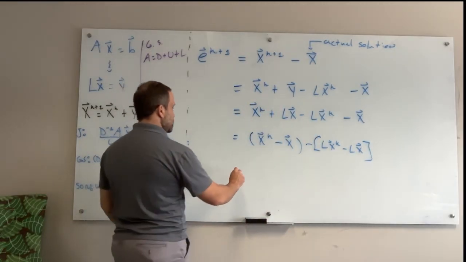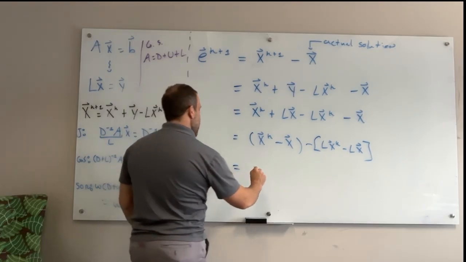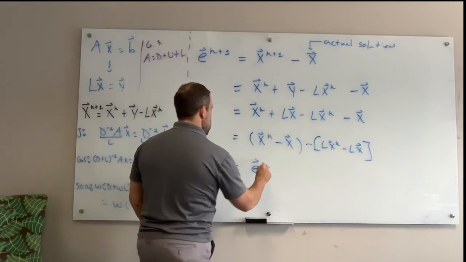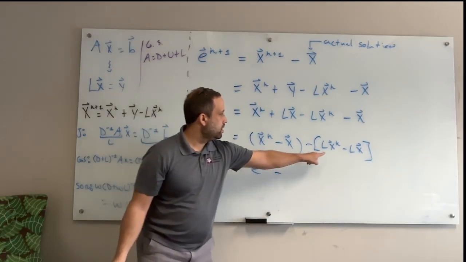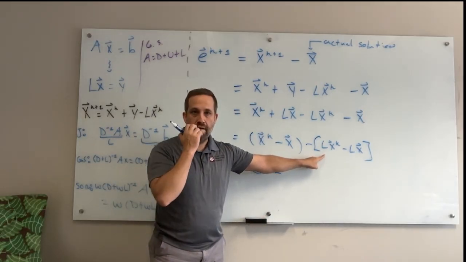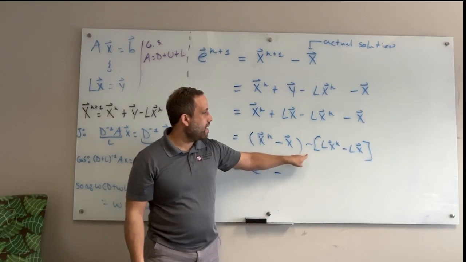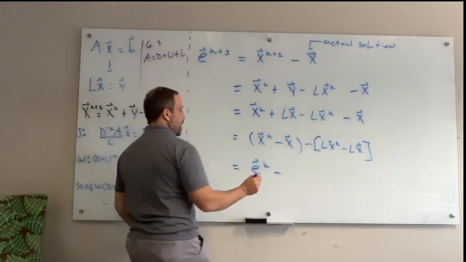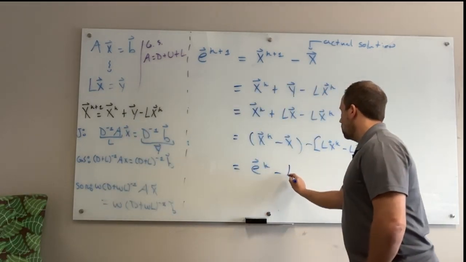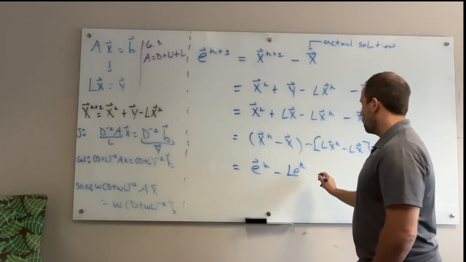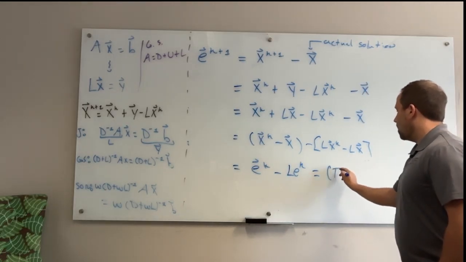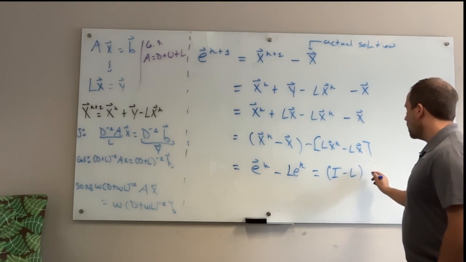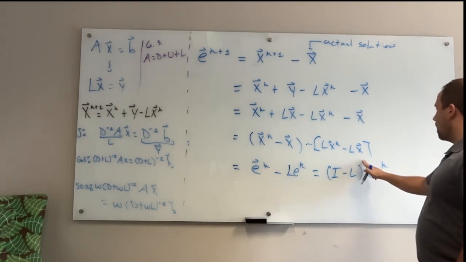Okay, so Lx minus, minus, I get Lx, then minus Lx_k. Okay, well, what is this? This is just e_k. And then minus, well, L is a linear operator, so I can factor out the L, and I have L applied to e_k. So minus L e_k. Or I can write this as (I minus L) e_k.